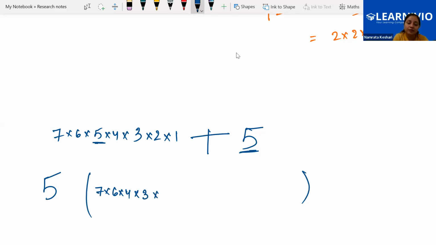Exactly. Again, we have represented this as a product of two integers, which is only possible for a composite number. Hence, we can say this is a composite number. Yes or no?